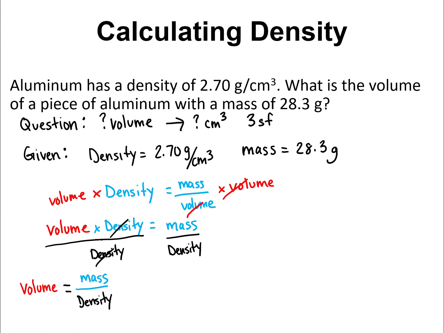Now that we've got this equation, we can fill in the information that we know. The mass was 28.3 grams. The density was 2.70 grams per centimeter cubed.